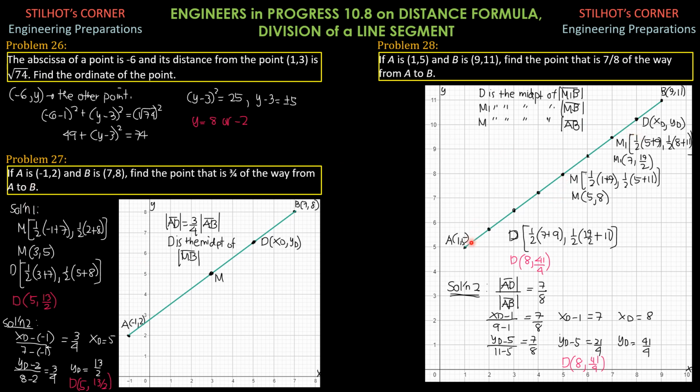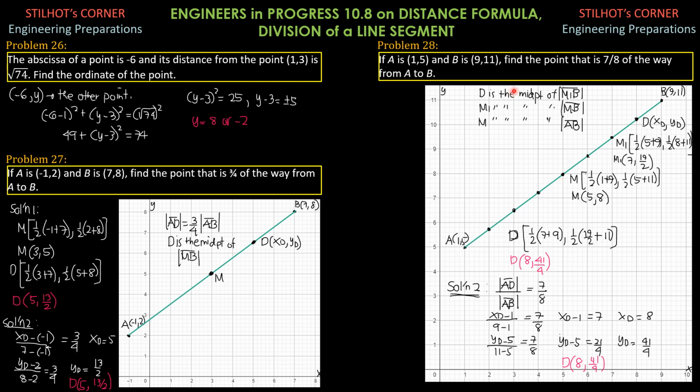So we divide the line segment into 8 equal parts and show that M is the midpoint between A and B. So if M is the midpoint between A and B, then M1 is the midpoint between M and B. Finally, after we find the coordinates of M1, D, which is 7 parts from A out of 8 parts, is the midpoint of M1 and B. So this is the first solution.